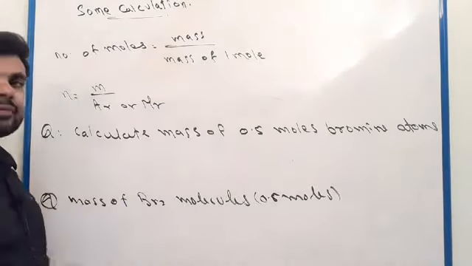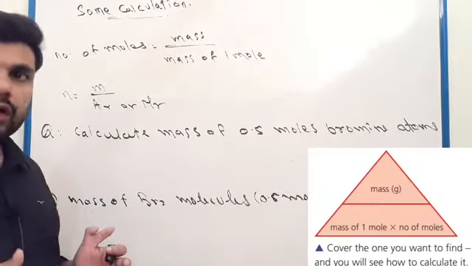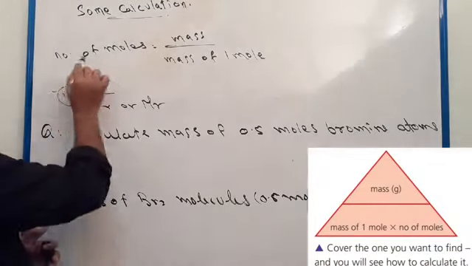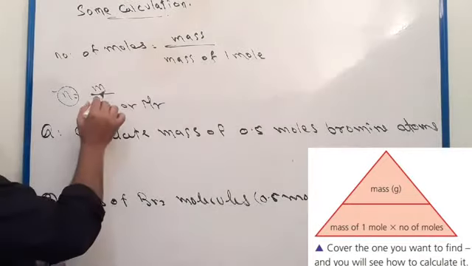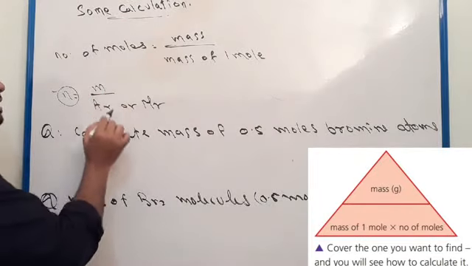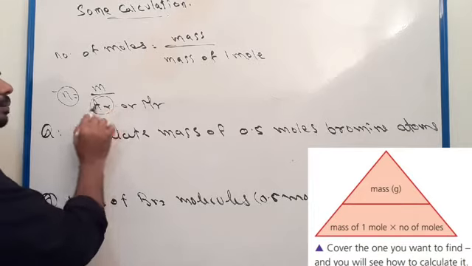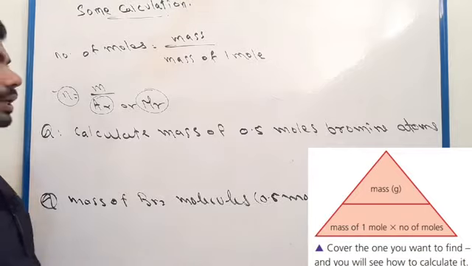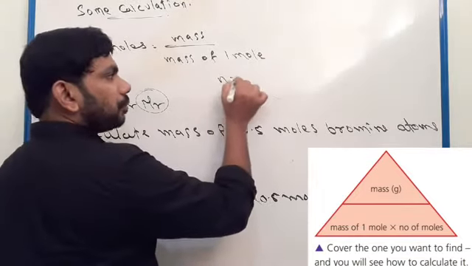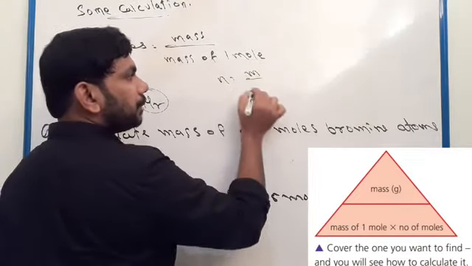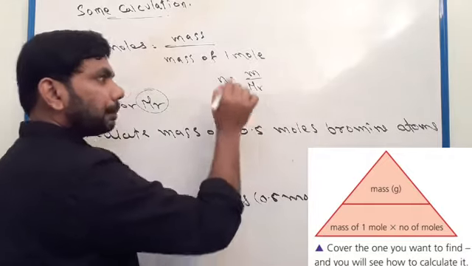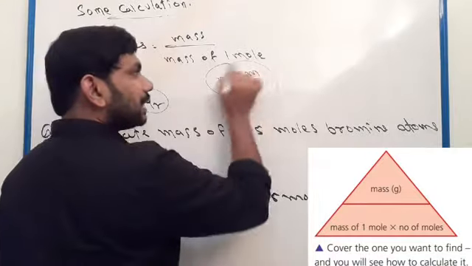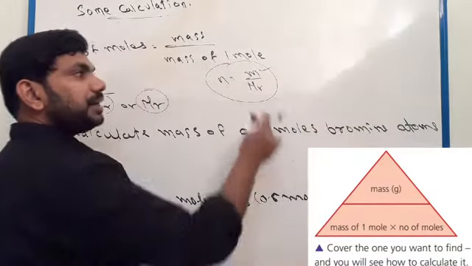So you can say number of moles is equal to mass divided by molar mass, or mass divided by relative atomic mass.